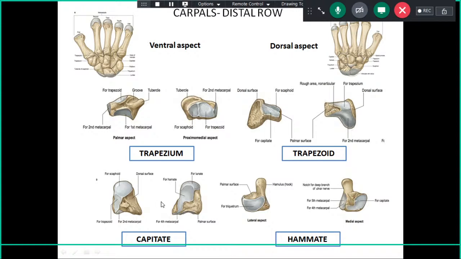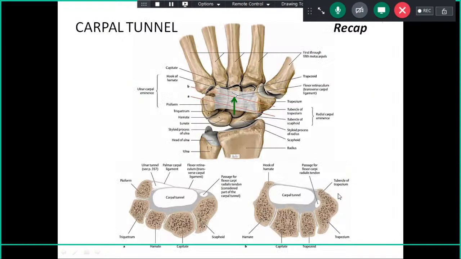This over here is the hook of the hamate. One thing to notice in the hamate bone is that there is a groove, a notched area on the medial aspect. This is just a recap. Appreciate what would be the attachment of the flexor retinaculum.